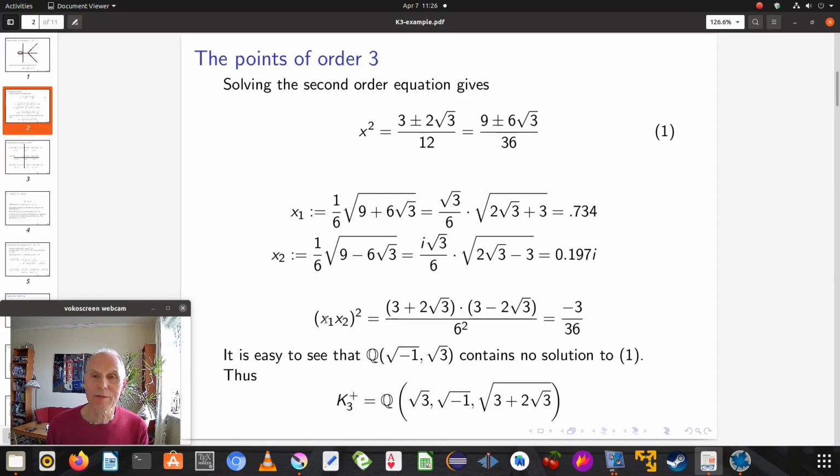An argument for it is to multiply the square of the two solutions here. So this squared gives minus 3 divided by 36. So that means the square root of minus 3 must lie in K3 plus, as well as the square root of 3.